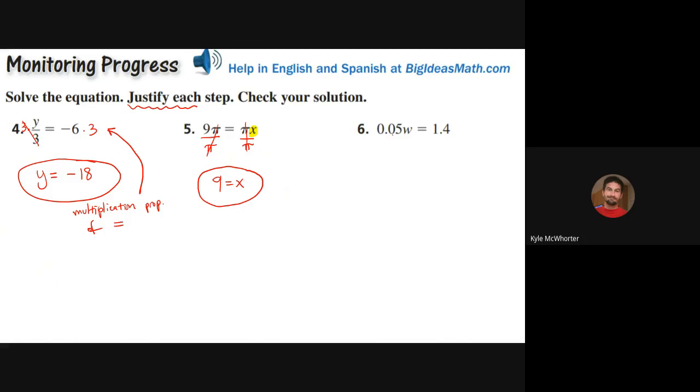And then on this number 6 here, our w is our variable. It's being multiplied by 0.05. So we're going to divide both sides by 0.05. And both of these are using the division property of equality.